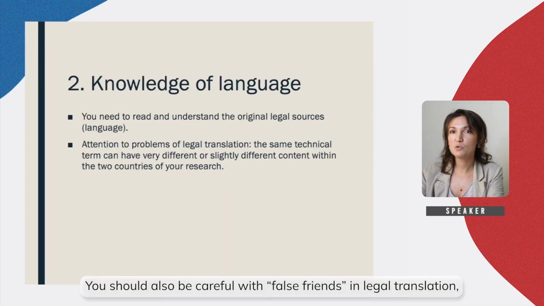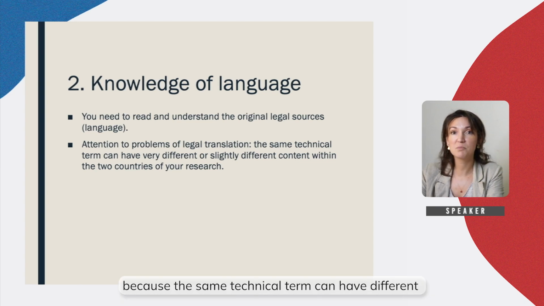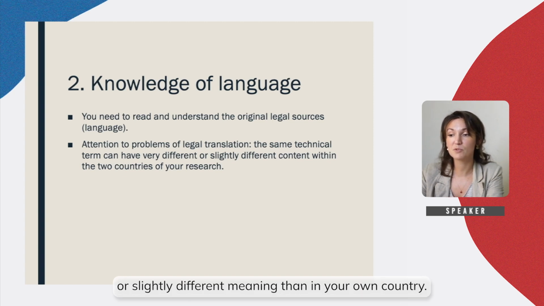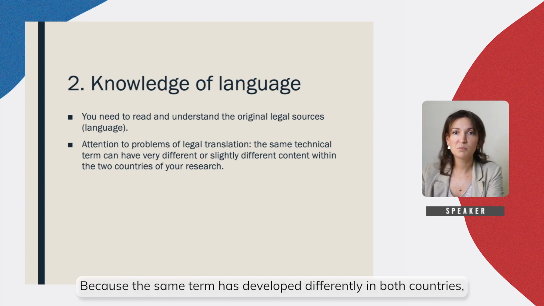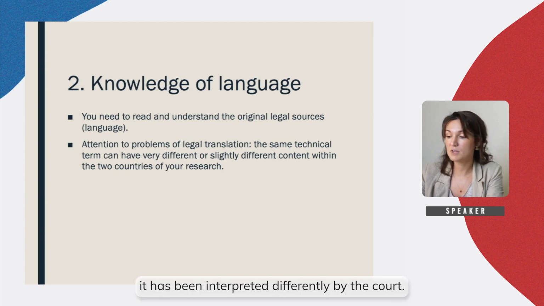You should also be careful with false friends in legal translation, because the same technical term can have a different or slightly different meaning than in your own country. Because the same term has developed differently in both countries. It has been interpreted differently by the courts.